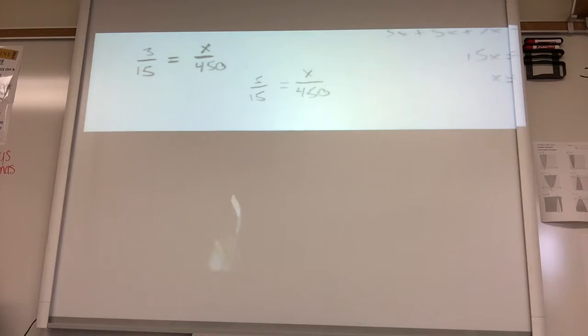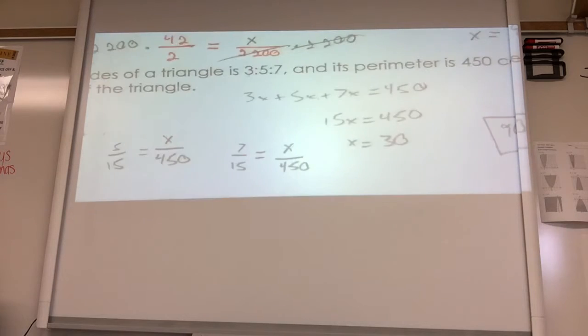Okay, that's the medium side. So notice the only difference is 3. There's the medium side. The big side over all the sides added up equals the big side over 450. Okay, that's how you'd solve for all 3 sides. That's the more difficult way. Like I said, the easier way, this way right here.